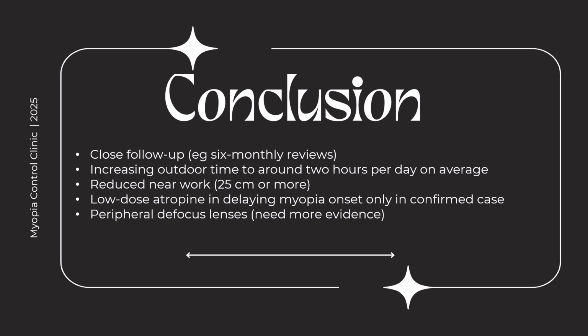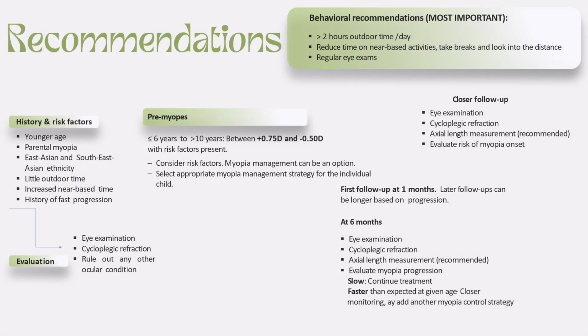So that was regarding the pre-myopia. And this is the same sheet which we saw in chapter 2 of documentation. You have to take the history, pre-myopes between 6 to 10 years, plus 0.75 to minus 0.5.